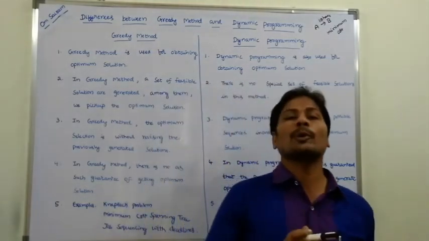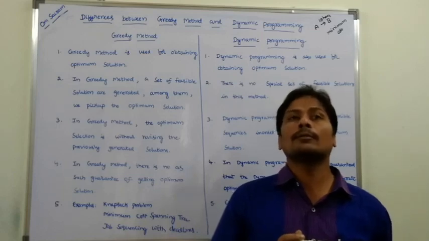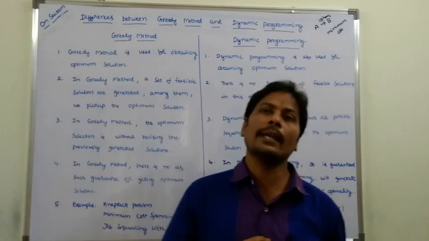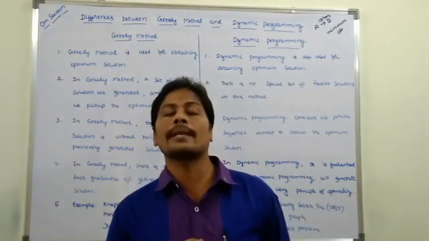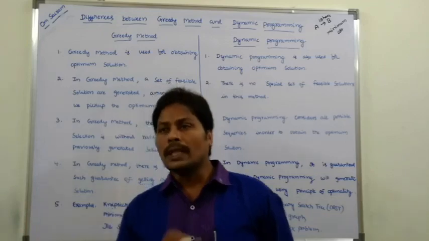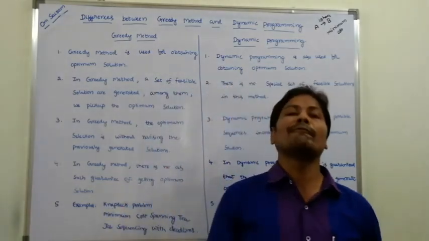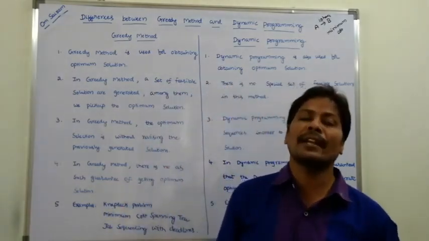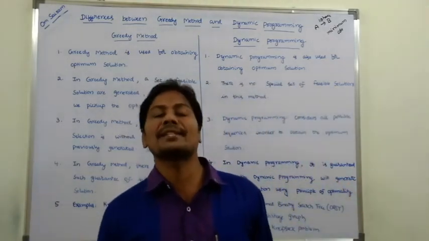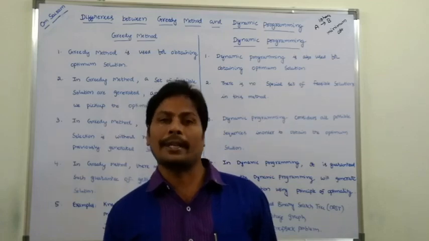In dynamic programming, we consider all possible sequences for getting the optimal solutions. In the greedy method, only one decision sequence is generated, but in the case of dynamic programming, many decision sequences are generated.